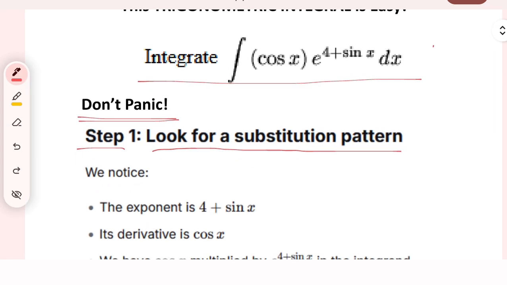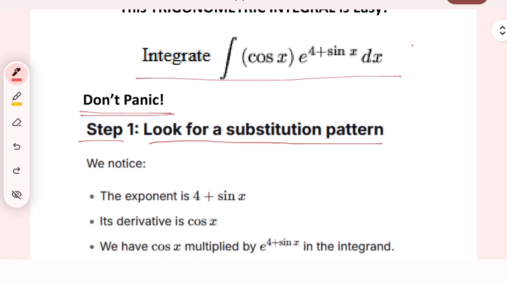Now we see that there is an exponent of 4 plus sine x, e to the power of 4 plus sine x. So the exponent is 4 plus sine x. If I take the derivative of that exponent, the derivative of 4 plus sine x is actually cosine x.